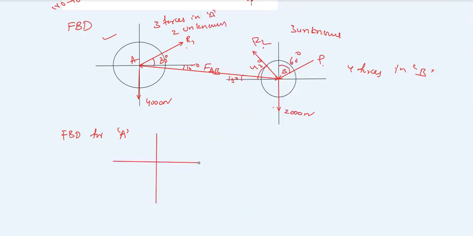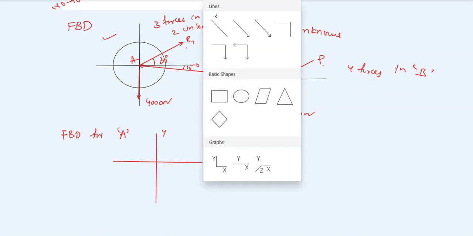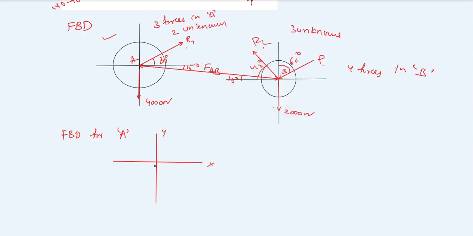So this is x, this is y. So weight always acts vertically downwards. So let us draw weight vertically downwards, 4000 newtons.